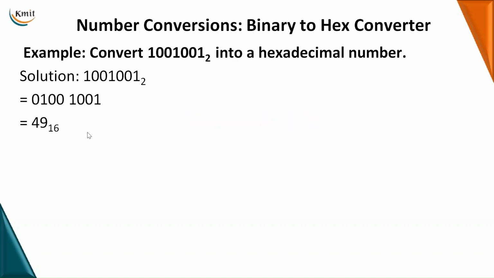So this is how we convert from one number system to another. Binary to decimal, decimal to binary, decimal to octal, decimal to hexadecimal, binary to octal, binary to hexadecimal. These are the different types of conversions available in the number system.